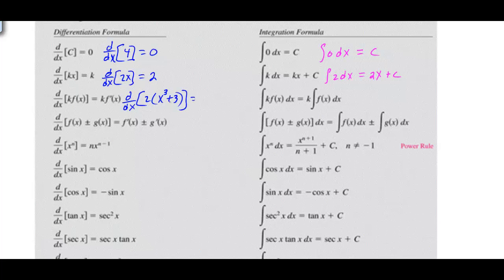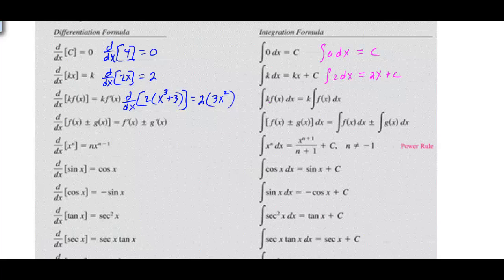We could distribute the 2 to get 2x cubed plus 6 and then take the derivative, or what this formula tells us is we can leave the 2 as a multiplier because it's just a constant, and we take the derivative of x cubed, we know that's going to simply be 3x squared, and the derivative of 3 is 0. So we get 2 times 3x squared, where k, our constant, is 2, and f prime of x would be our 3x squared. So we would certainly multiply that, and the answer would be 6x squared.